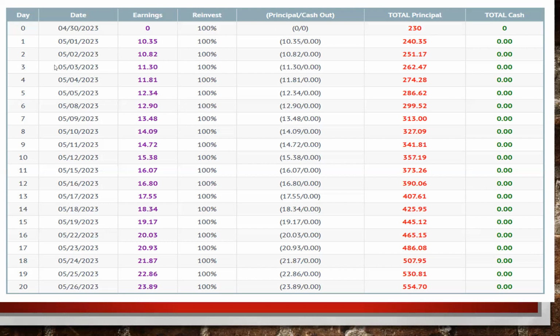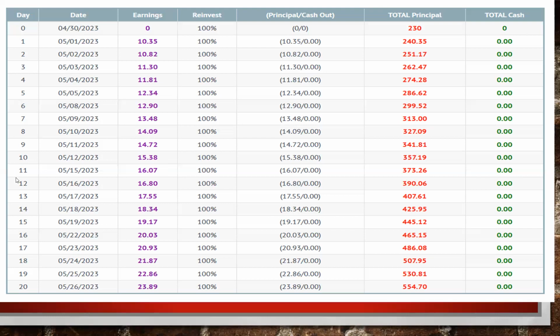By the time you get up to your trade 9, you're at 15 cents. So let's say your option is $2.50. You bought an option at $2.50. You're going to sell it at $2.65. That's 15 cents over where you bought it at.